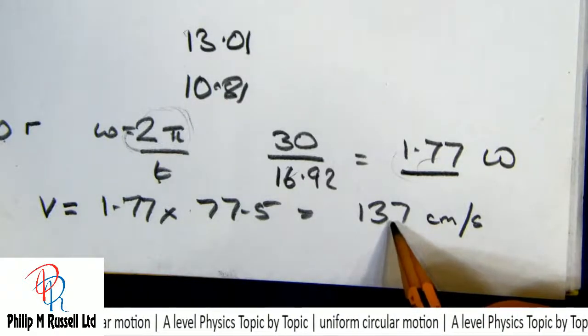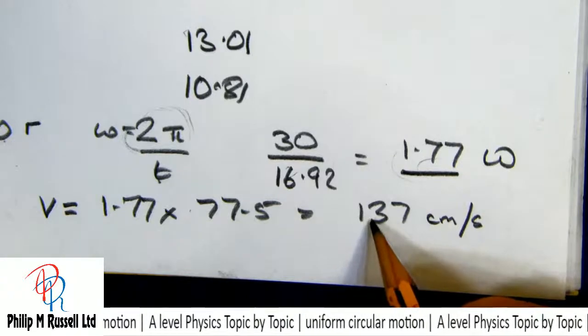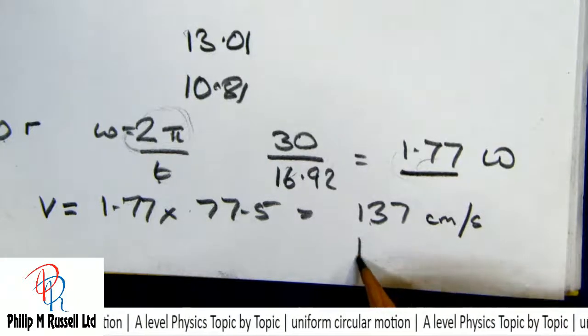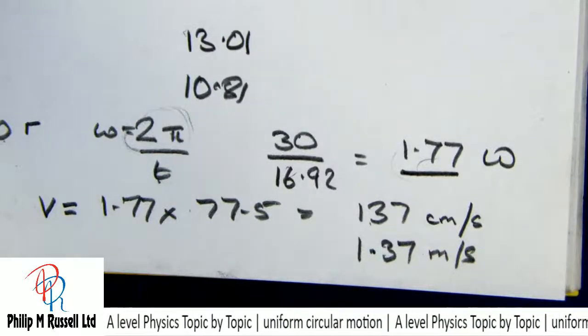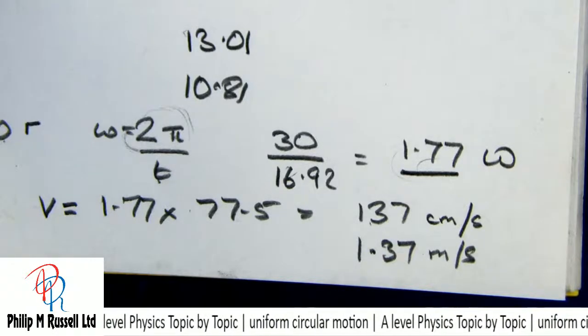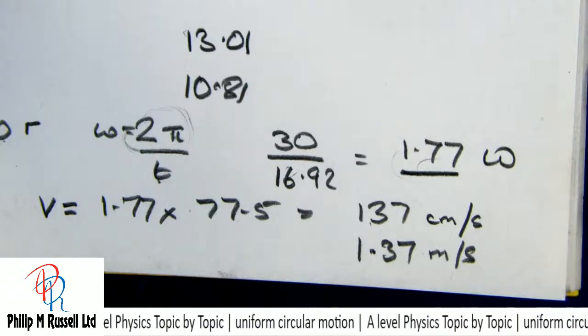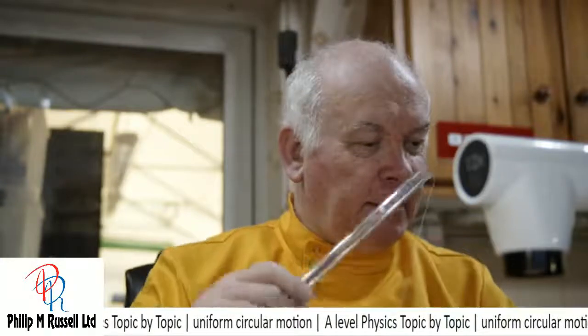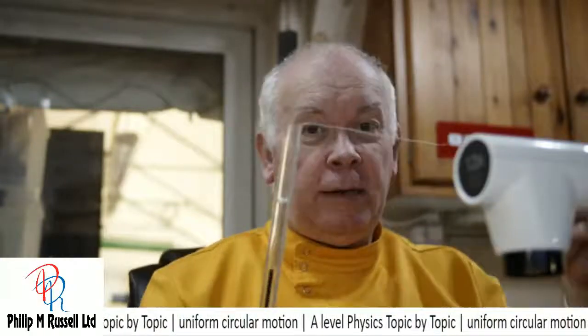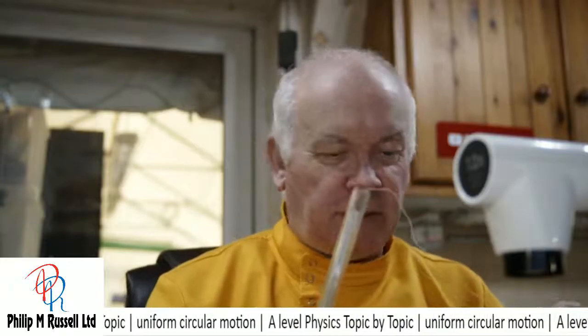Put that into meters, then we're not that fast. 1.37 meters per second. It felt a lot faster than that, but in reality, it was nearly a meter long and I was doing about 16 revolutions in 30 seconds, so it's about right.